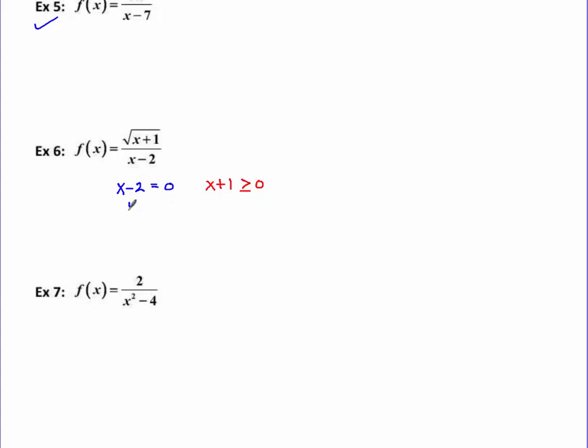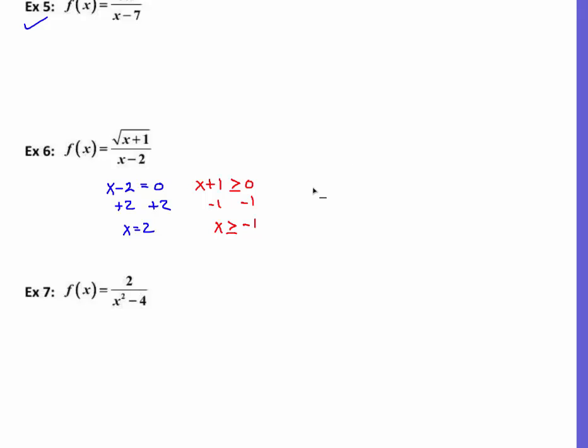So the denominator, we add 2 to both sides, and we get that x equals 2. So that makes this undefined at x equals 2. Then we do -1, -1, and we get x has to be greater than or equal to -1. Well, so you got these two values, and we need to figure out what to do with them.